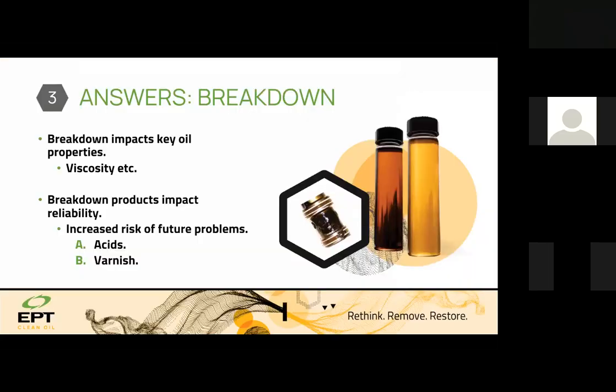And then now let us focus on the fluid breakdown. Once we have either particles, or we have water, or we have a normal breakdown which we call oxidation. Oxidation is the molecules of the hydrocarbon, they are in touch, they are making reactions with the oxygen all the time, and then acids are being created.